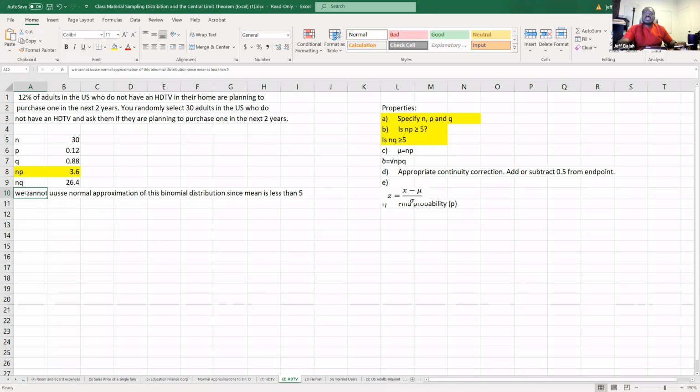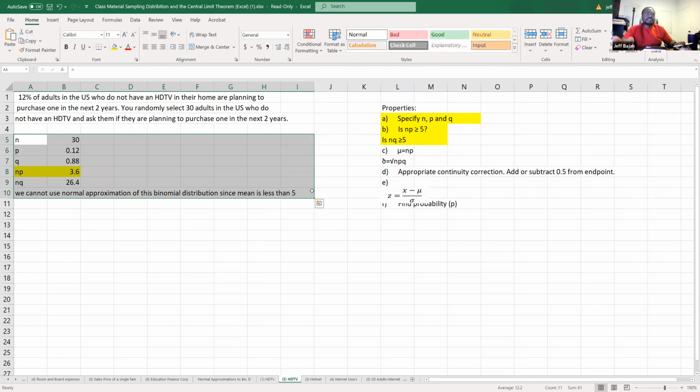So you can see that we were not able to solve this question because it didn't meet our second rule, which says that N times P and N times Q should be at least 5. So that means we can't solve. We have to stop here for this one. I hope this makes sense.